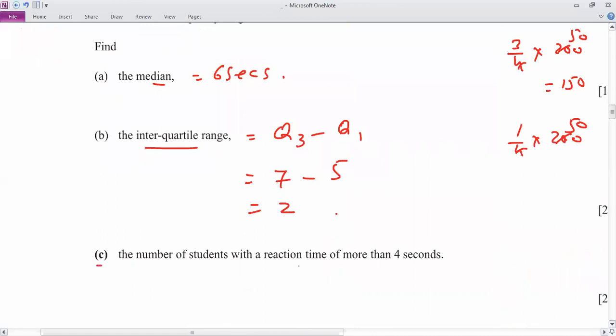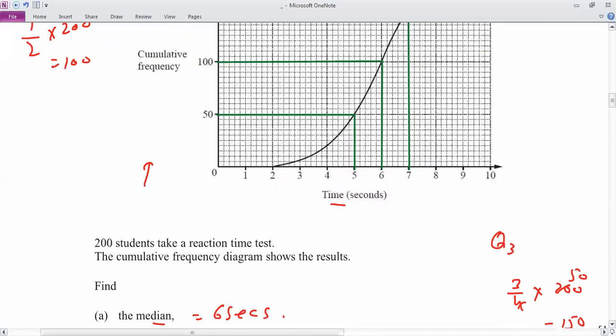And then the number of students with a reaction time more than 4 seconds. More than 4 seconds. Where is 4 seconds? This is 4 seconds. So who have the reaction time more than 4 seconds? This one, and come to this one. Now we know that from 0 to 50 are 10 boxes, so each box is 5, so this will be 5, 10, 15 and 20, so this is 20.